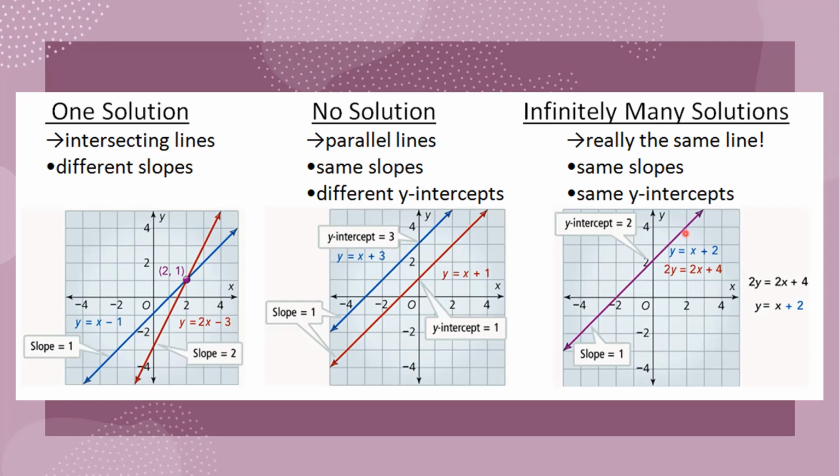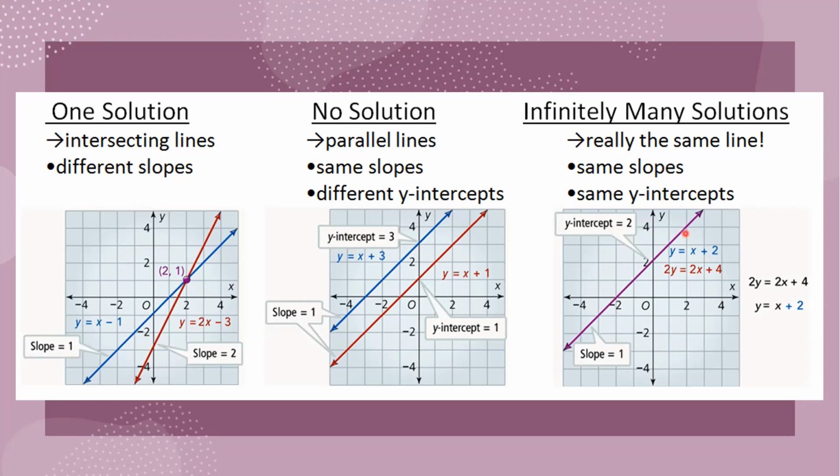So that's why it's colored that way, because these two equations are really the same line and all of their points are shared. So that's why it's called infinitely many, because they share all of the points because they are the exact same line. So every single point on that line is considered a solution.